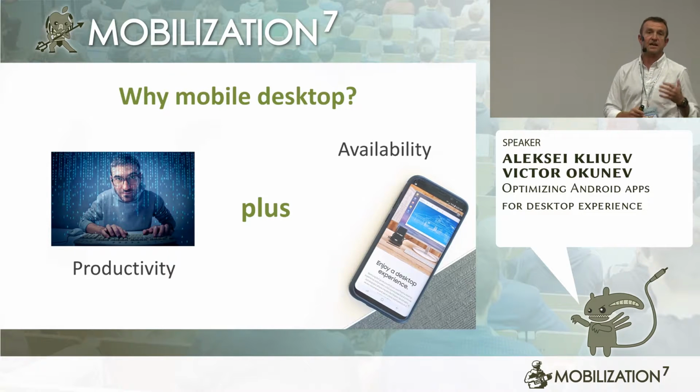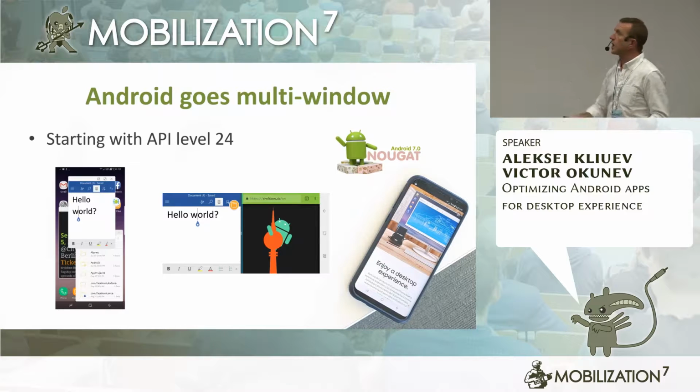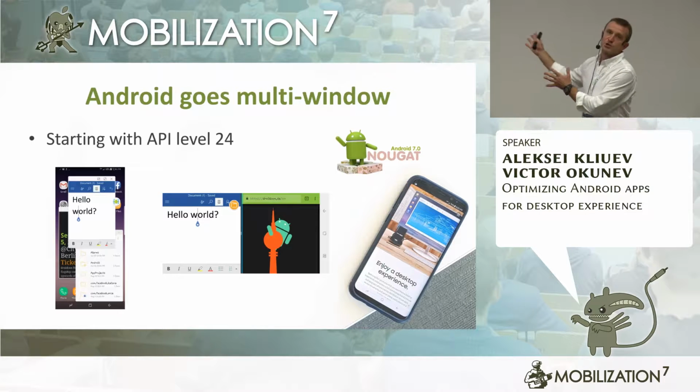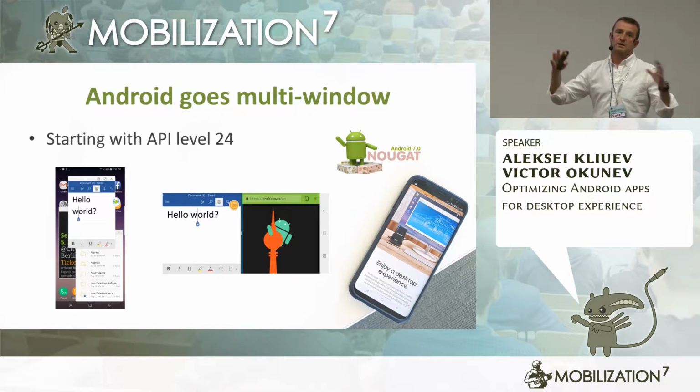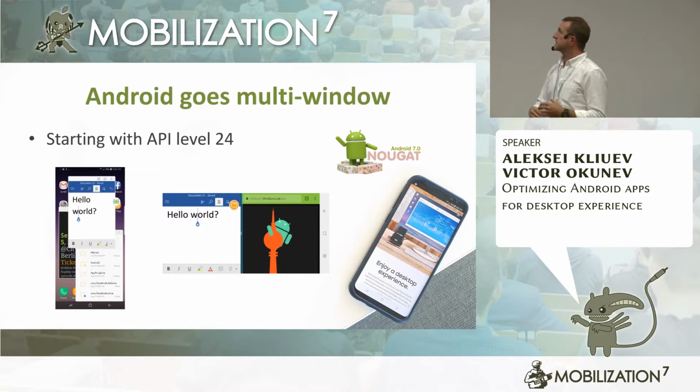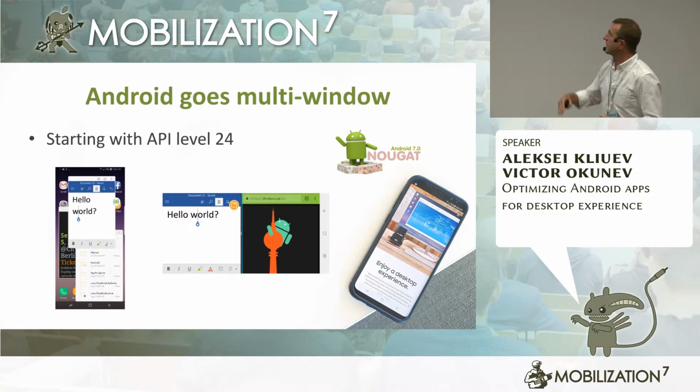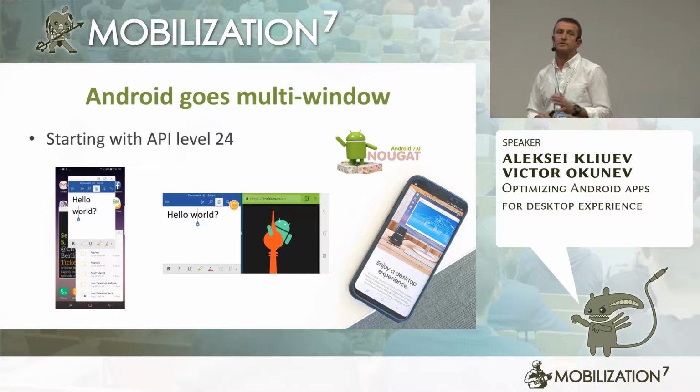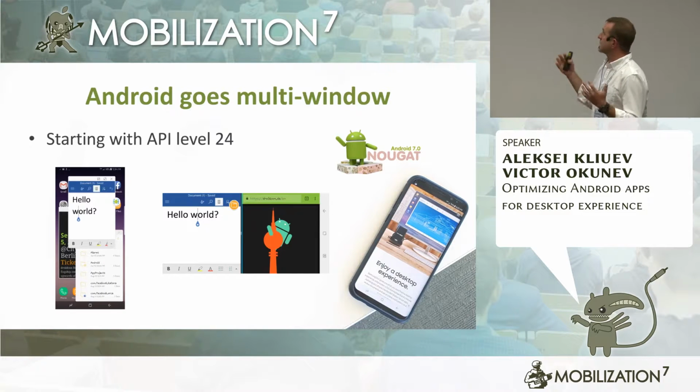But it does take effort, both from companies like Google, who actually did their share to support a desktop environment in Android. They're actually starting with API level 24, which has been introduced about a year ago. You actually have access to the multi-window support in Android.